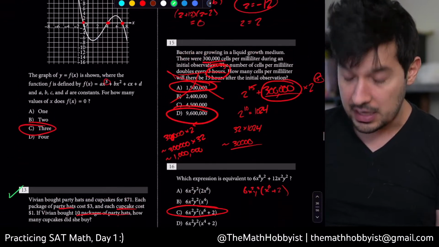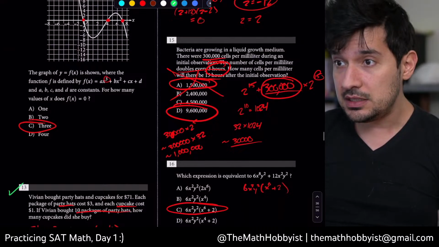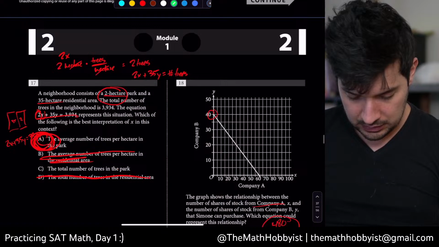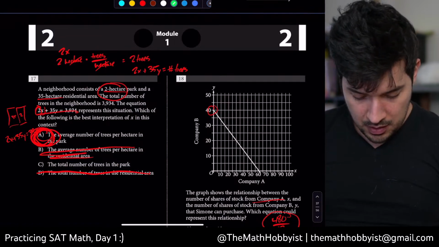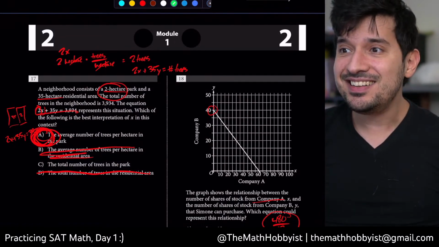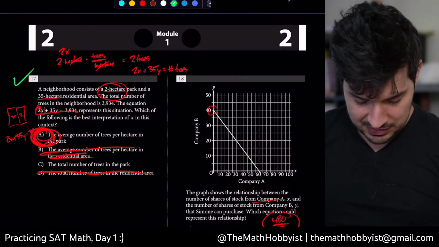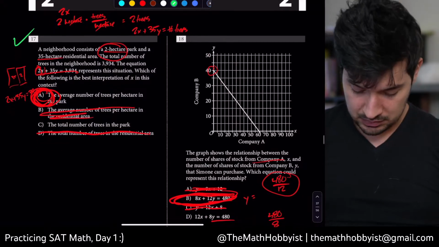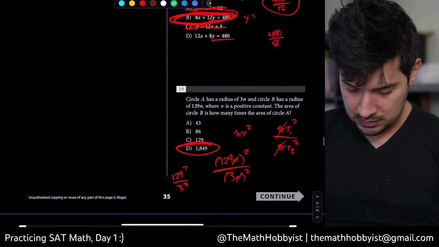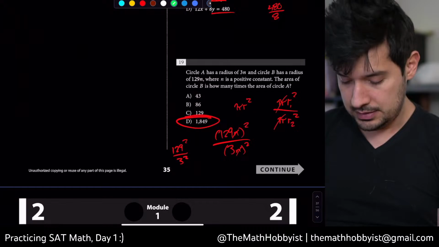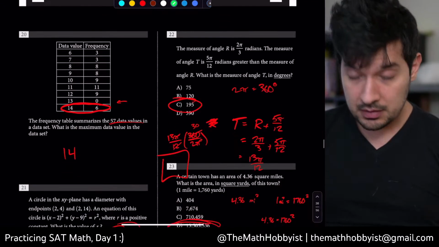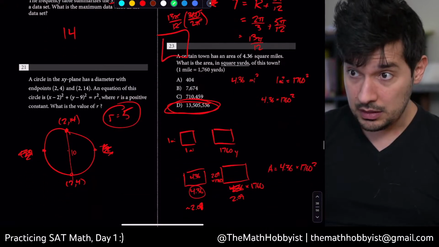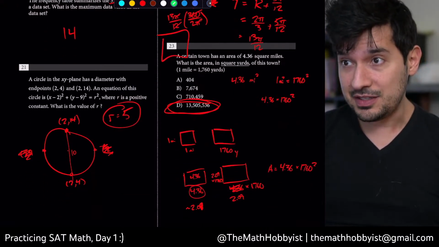We got that. 15, D, C, A, B. D, C. Oh, no, are you kidding me? 17? Oh, no, we got it. 17 is A. Cool. 18, B. 19, D.